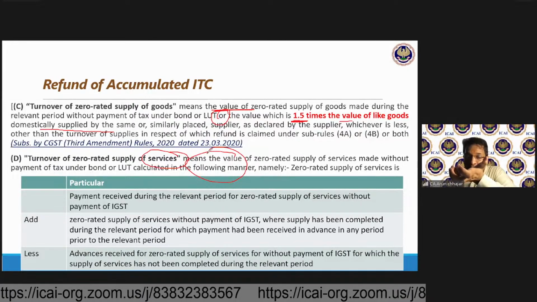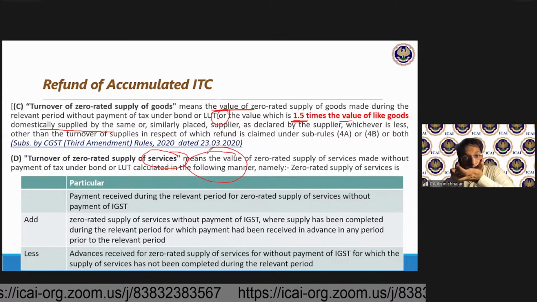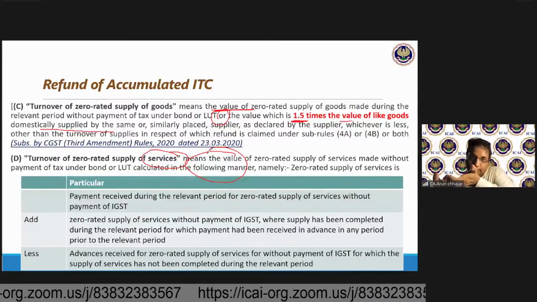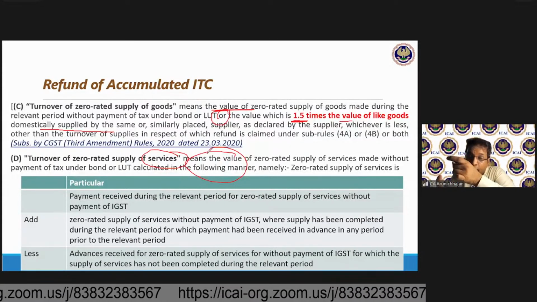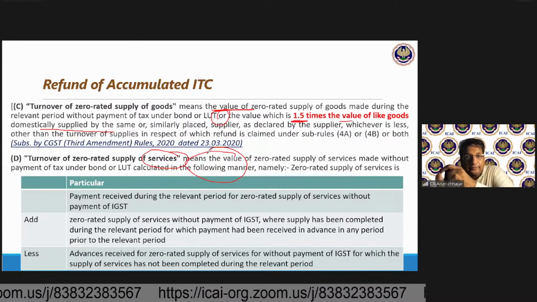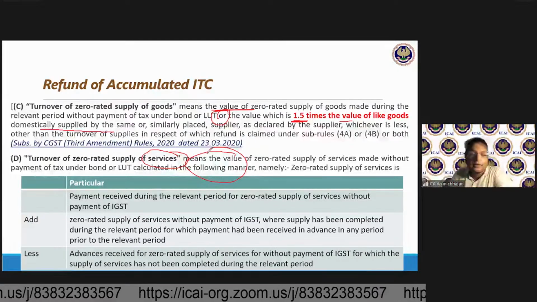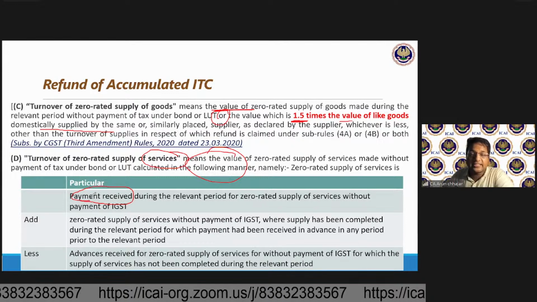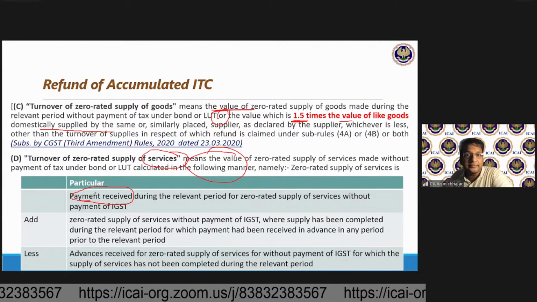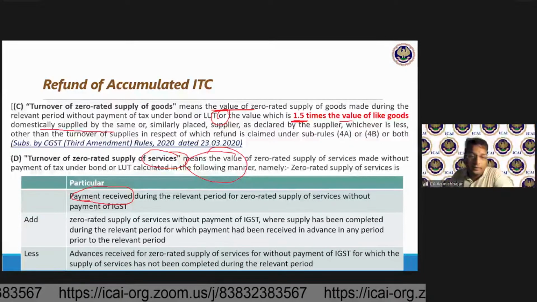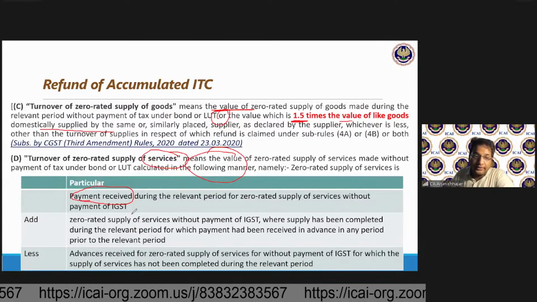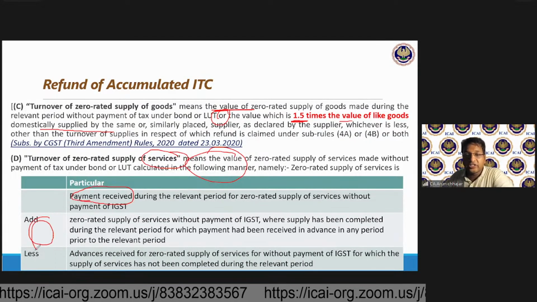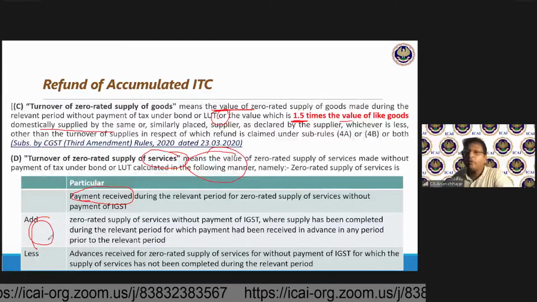Out of 1,000, let's say I have received the realization of rupees 600 only. Then for this month, the turnover would not be 1,000, it would be 600. What is the definition? It says that whatever payment you have received in the current tax period for export of service, then add those services for which you have received the amount in advance.